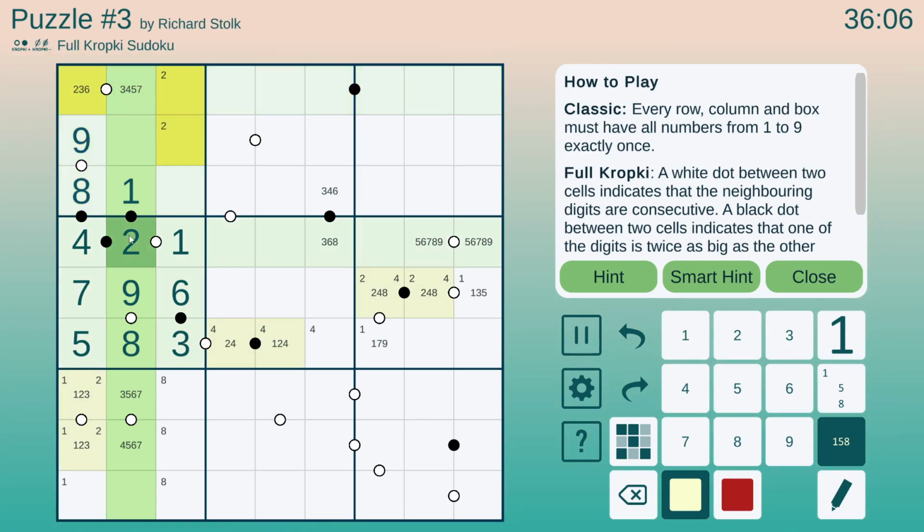Yes, because of the 2 logic I figured out earlier here. Wait, was the 2 logic I figured out earlier wrong? It looks wrong.